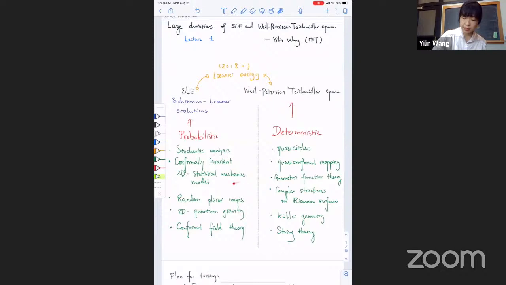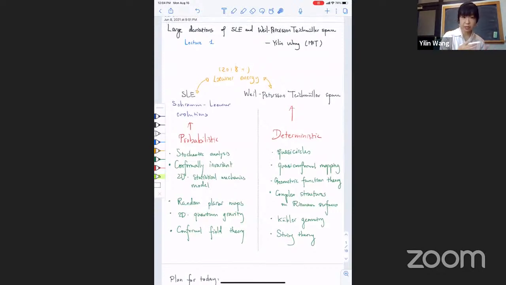SLE are motivated by studying those conformally invariant 2D statistical models, like spin models, and looking at interfaces in those models. And sometimes you also hear talks about SLE that are related to scaling limits of random planar maps. There's also a discretized version where, when you take the mesh size going to 0, you see some random curve appear like interfaces.